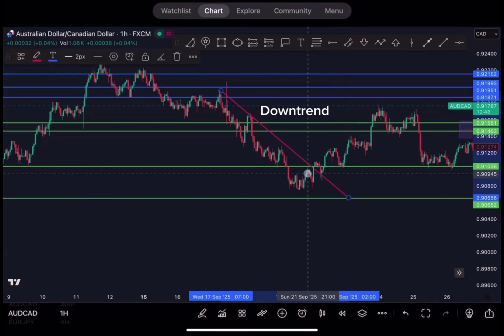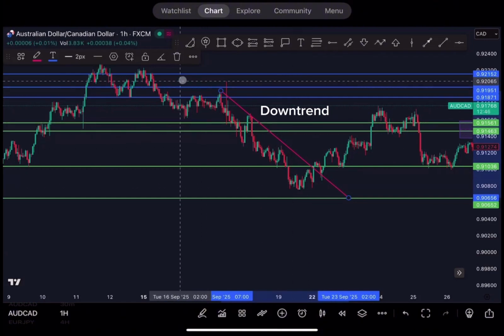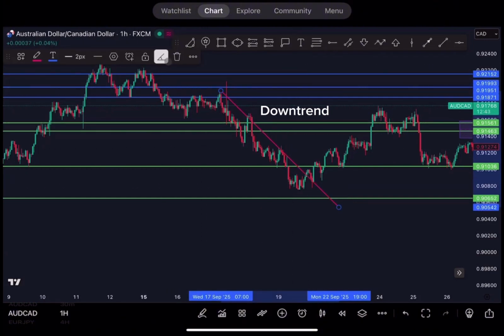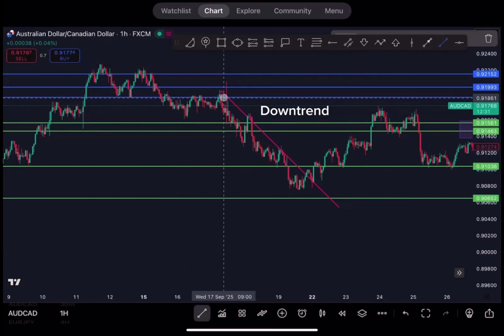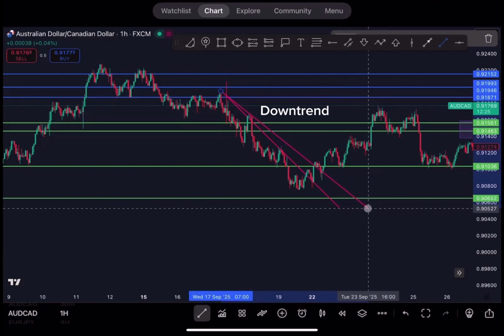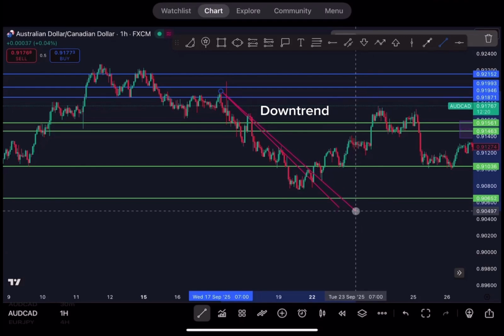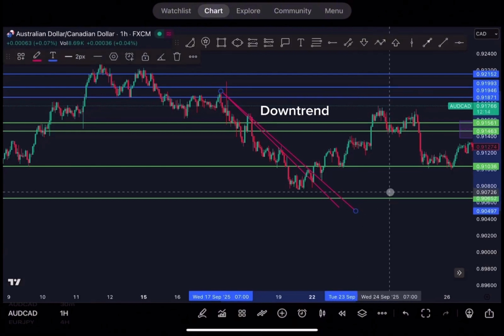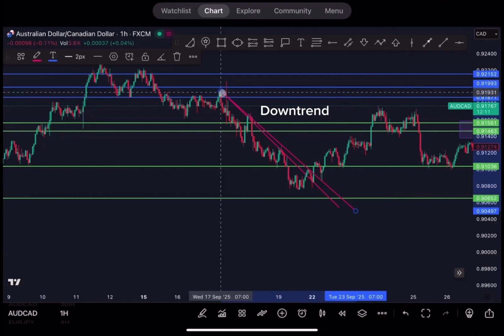That is a magnificent zone for a downtrend. So as we can see, a downtrend occurred from this top zone all the way to this bottom.